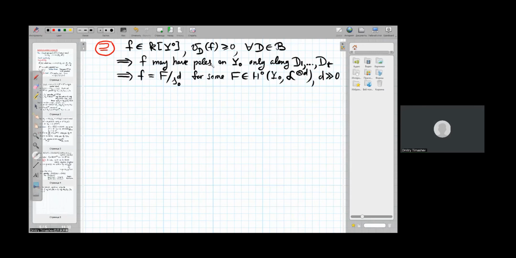Exactly, we choose d big enough so that multiplying with S_0 to the power d kills the poles of f. Therefore we get a regular section of this tensor power bundle, so we can represent f in this form.